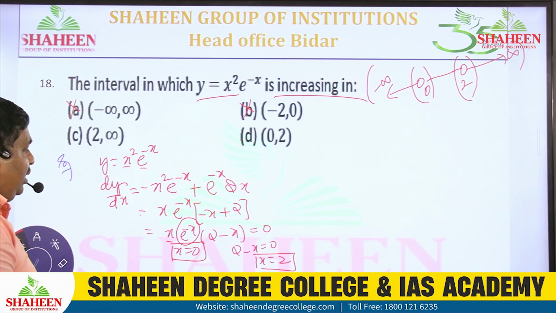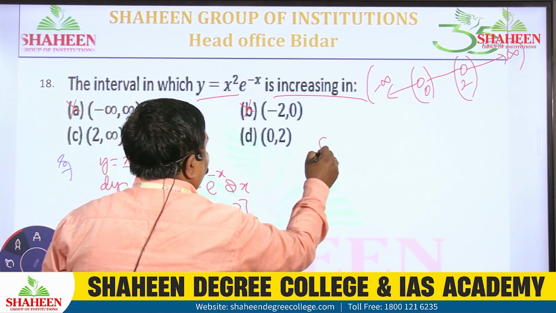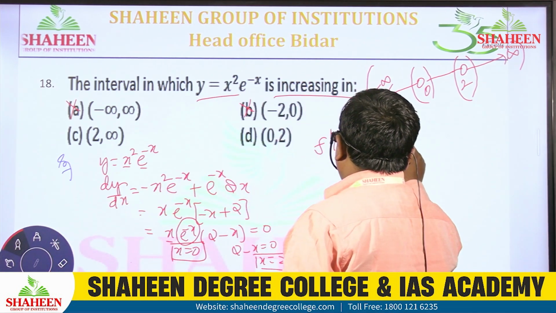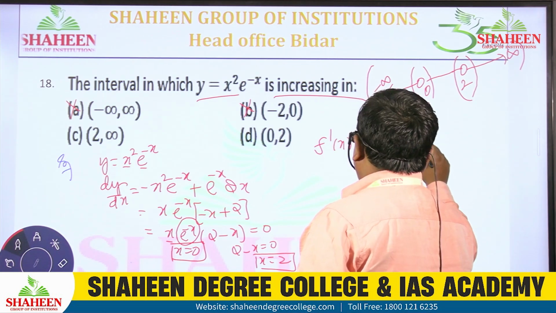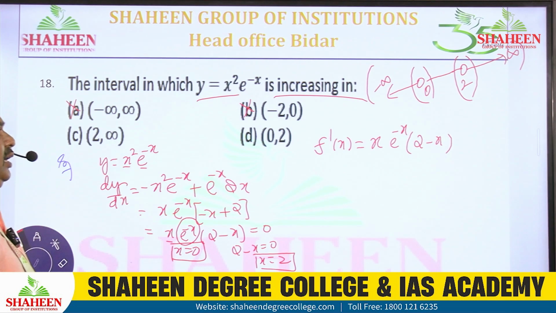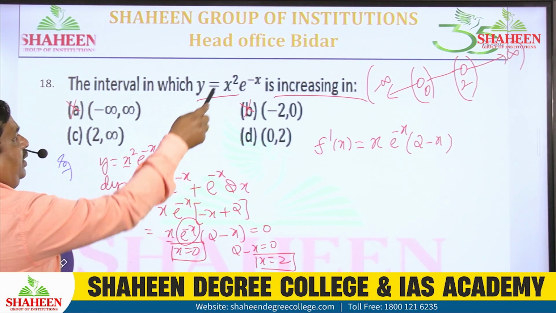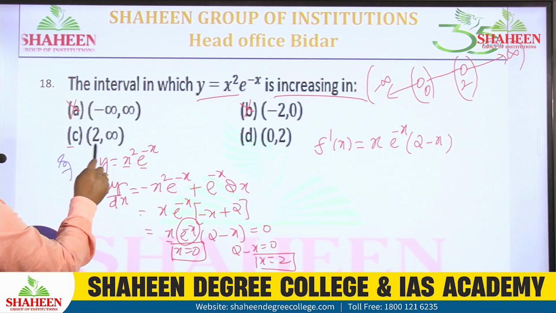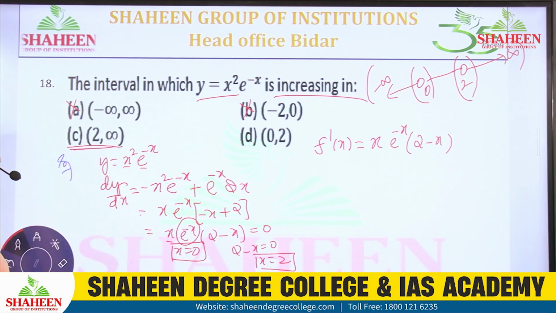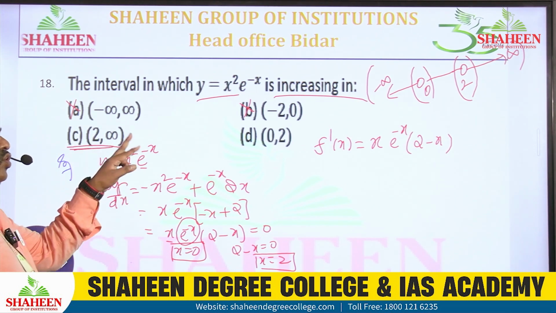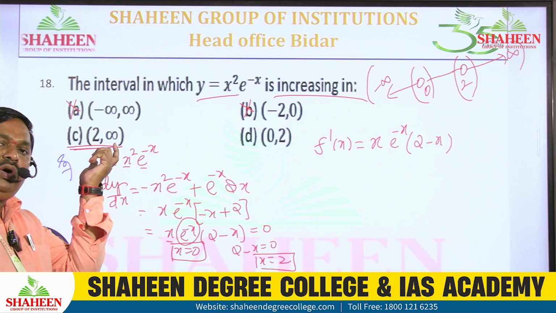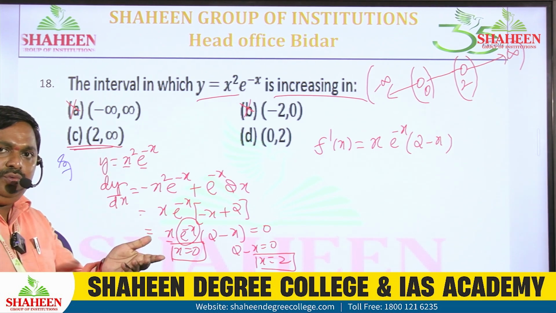So what is the first derivative? f dash of x is x into e power minus x into 2 minus x. Let us check which option is correct for increasing function. Let us take the third option, 2 to infinity. Take a number in the interval 2 to infinity, after 2 we get 3.